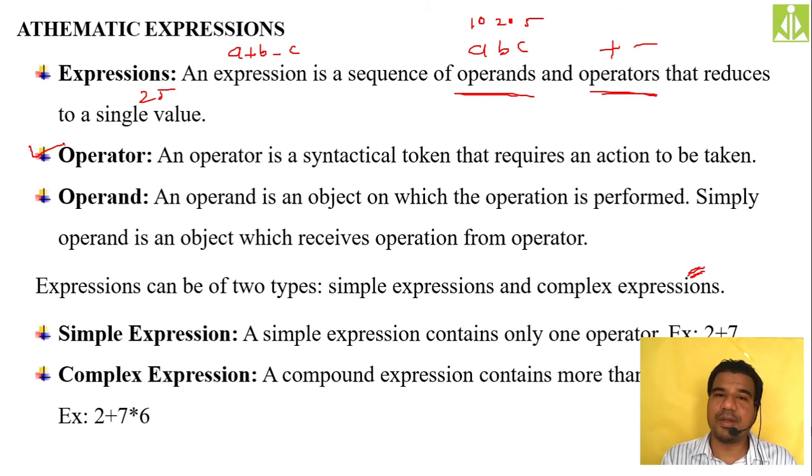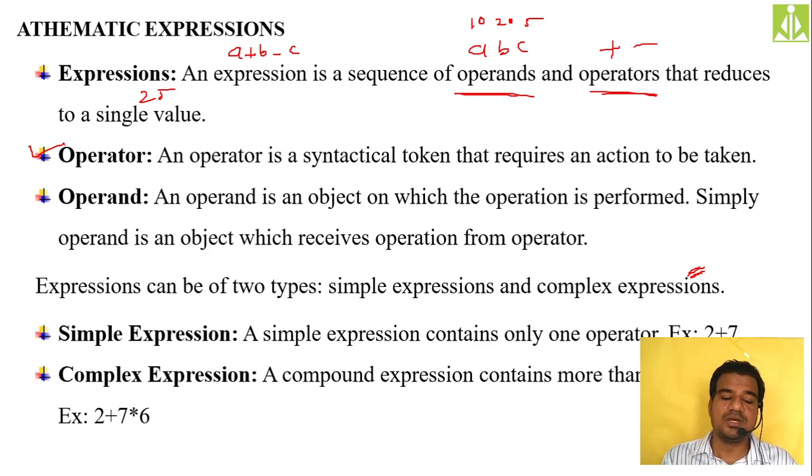Then what is an operand? An operand is an object, an entity, a variable on which the operators will perform the operation. So here, on both sides of this plus sign, we have two operands, A and B. With the plus sign, we are performing addition on A and B. So operands are the entities which receive the operation from the operator.